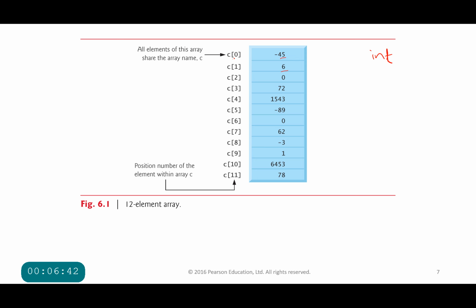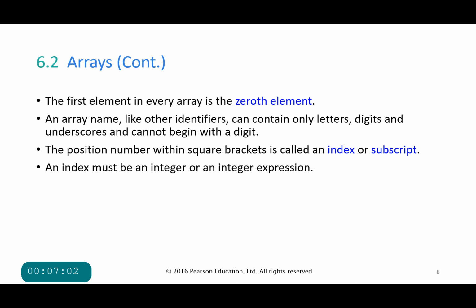So this is the first value, and then because we're starting with 0, the final element, even though the size of the array is 12, its index number is 12 minus 1, which is 11. Okay. And so the first element in an array is generally referred to as the zeroth element, right?